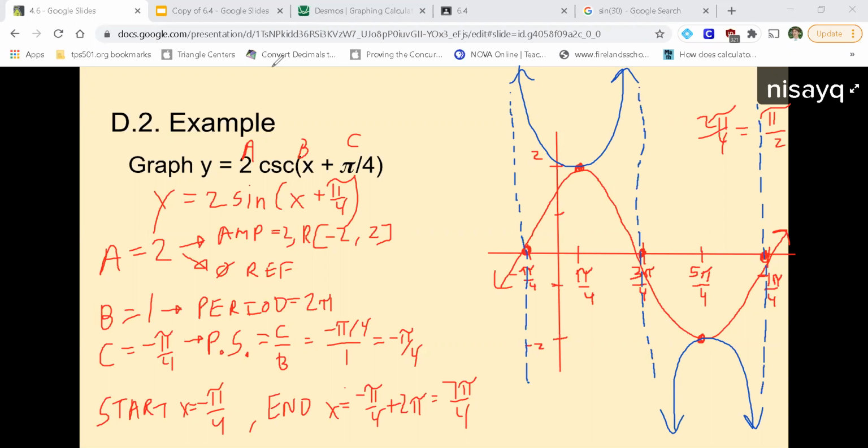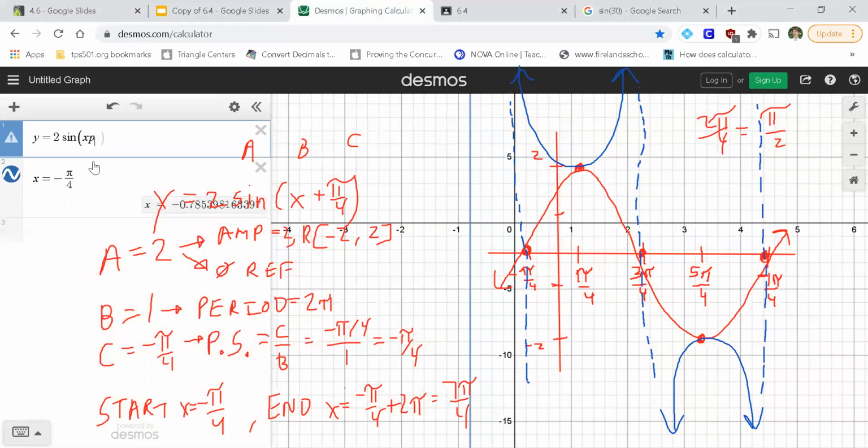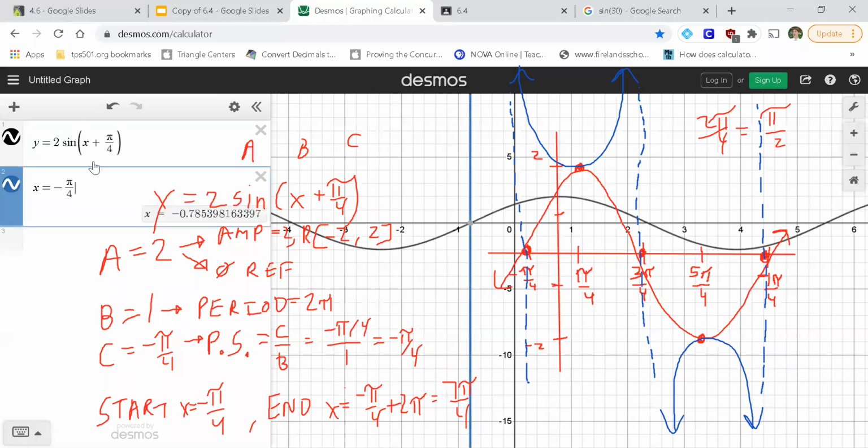And again, ultimately, at the end of the day, if you're like, I don't know if I could do that by hand, you could always go to Desmos, the graphing calculator, and graph it to confirm that you really did do it right.